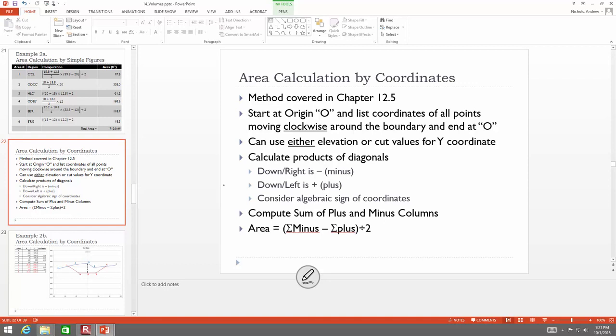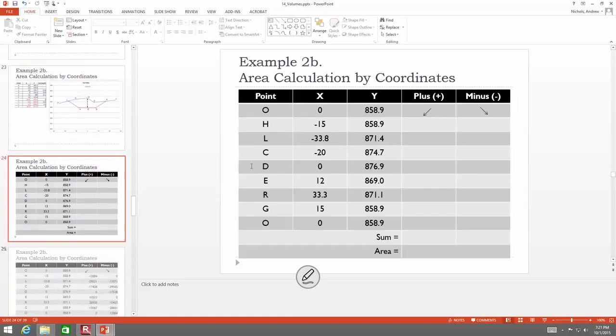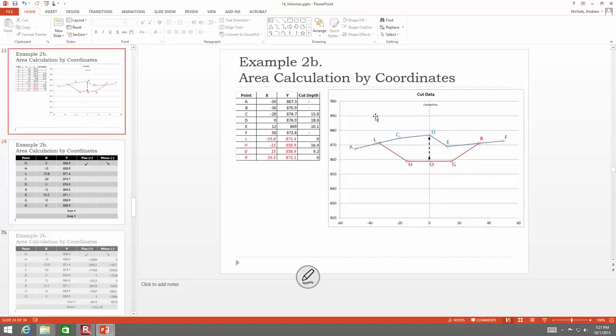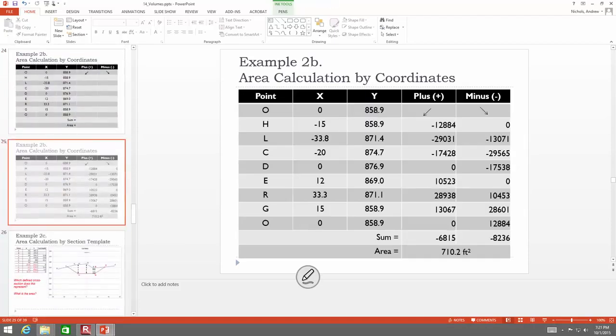We use this method where after you have it laid out, you take the products, multiplying. Here it is. This first calculation would be 15 times 858.9 would give you that.